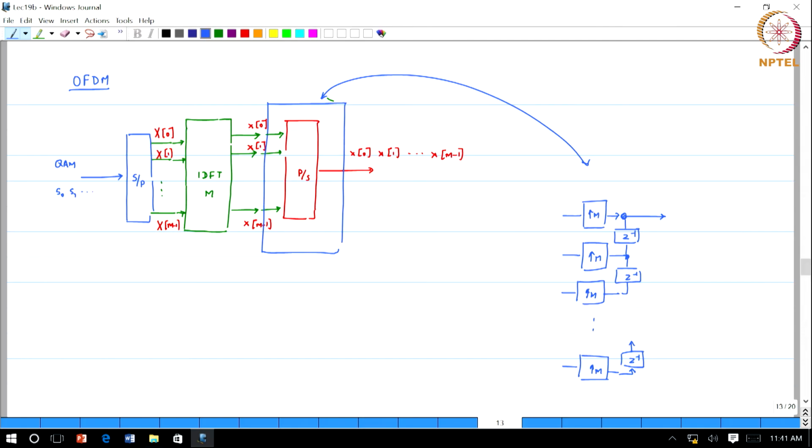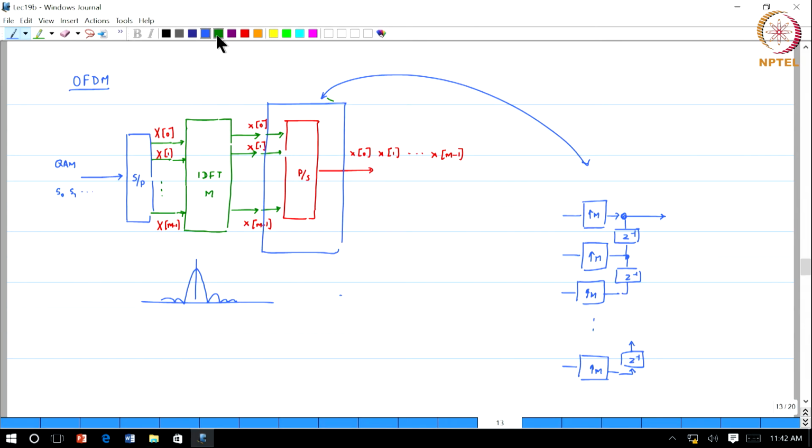Now, IDFT followed by a filter bank. If you go back and look at the structure that we derived, a delay chain followed by the IDFT basically tells us that the filters are shifted versions of each other. So if you combine this multirate structure with the IDFT, the first branch is a filter bank with this type of response.